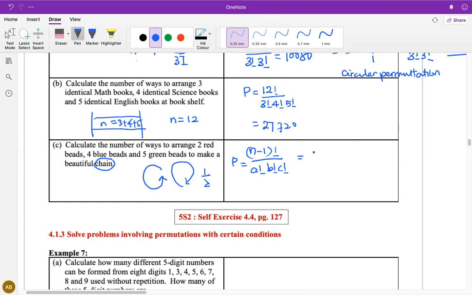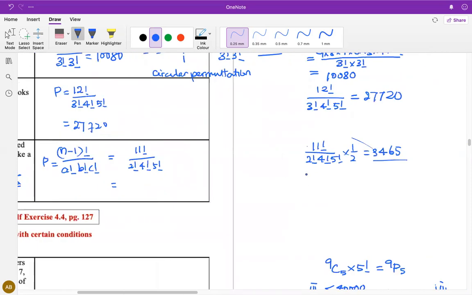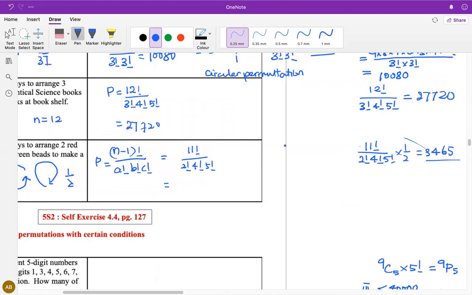So n is 2 plus 4 plus 5, so 9 plus 2 is 11. So it's 11 factorial over 2 factorial over 4 factorial over 5 factorial. And then you multiply half. So you get 3465.